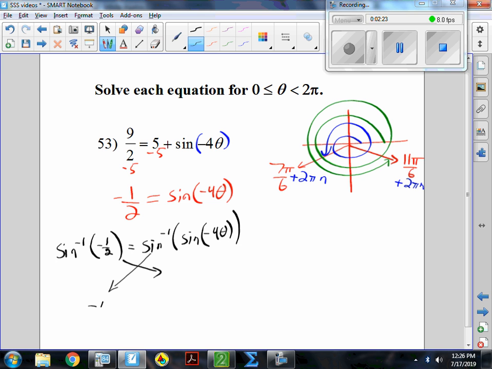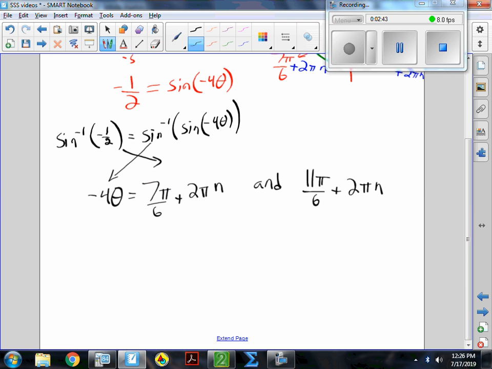So I have negative 4 theta equals these 2 general solutions, 7 pi over 6 plus 2 pi n and 11 pi over 6 plus 2 pi n. To get all my solutions then, I need to solve this all the way, so I need to divide everything by negative 4.